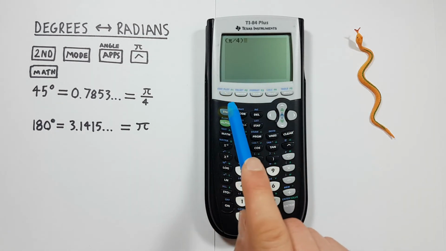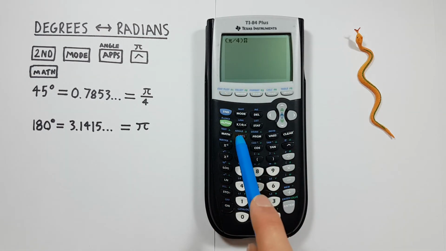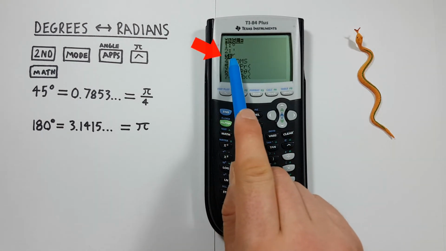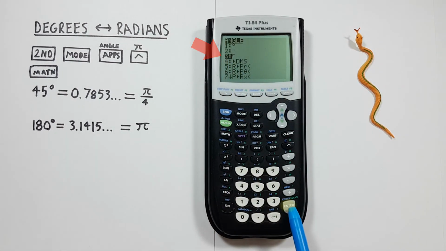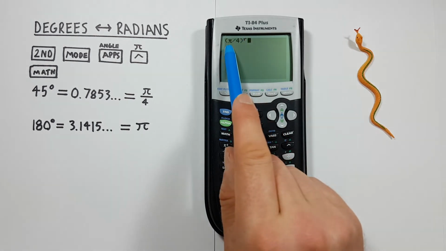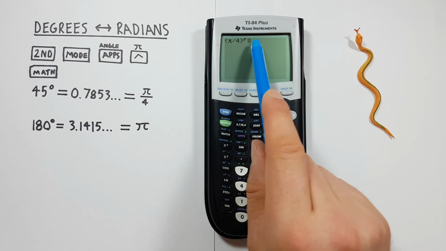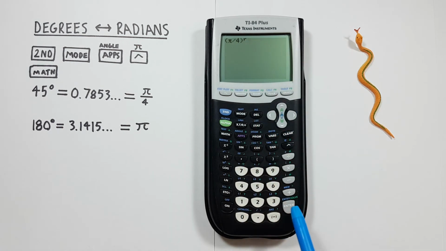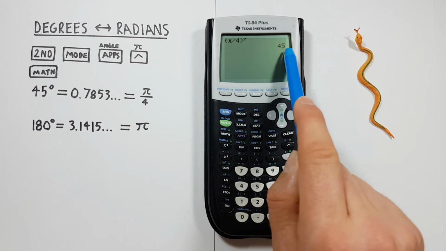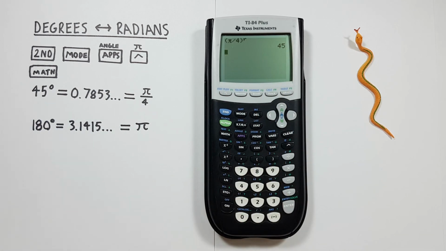So to do that, it was second function, angle, scroll down to number 3, or just press 3. There we go, that R represents radians. So now we have pi over 4 radians in degree mode. If we press enter, we see we get a result of 45 degrees, which is correct.